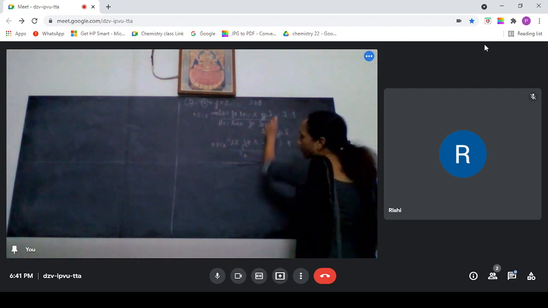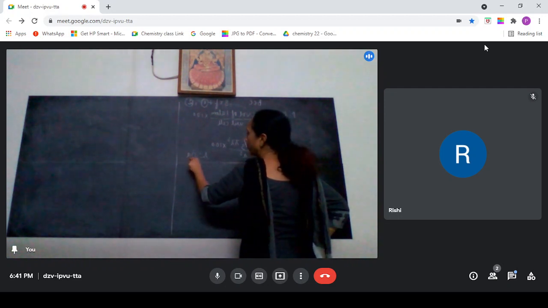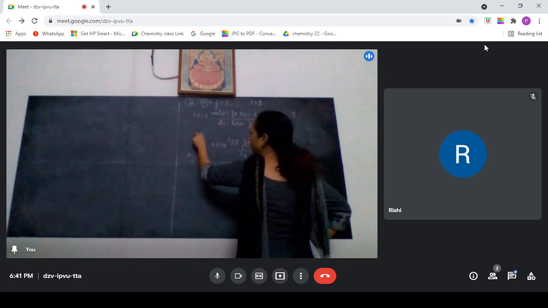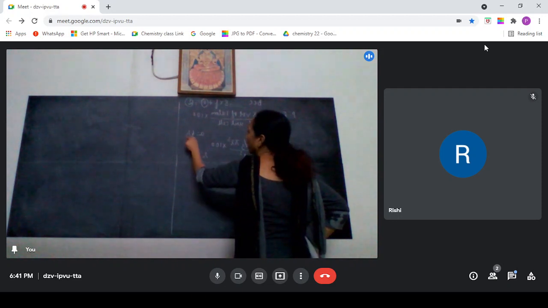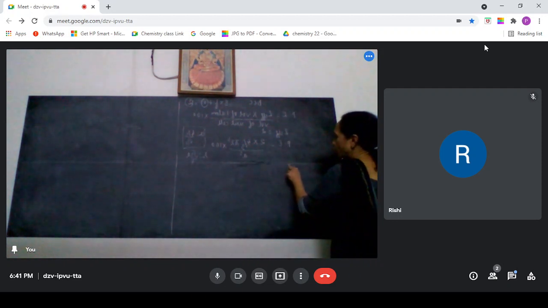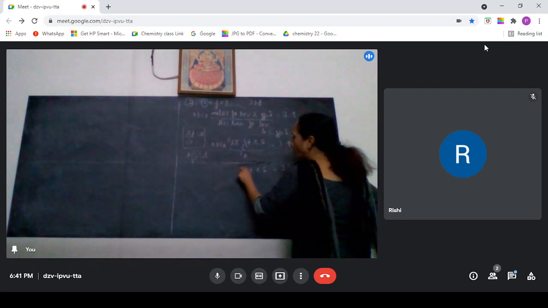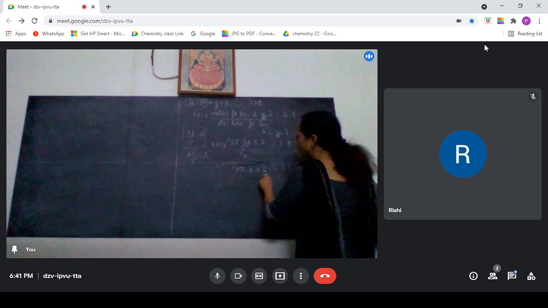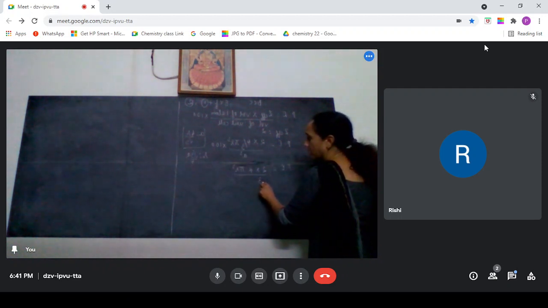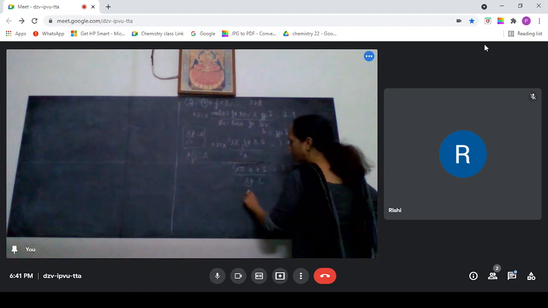So for body center, R is equal to root 3 A by 4. So A is equal to 4R by root 3. So packing efficiency is equal to 2 into 4 pi R cube by 3, and I will write 4R by root 3 whole cube.